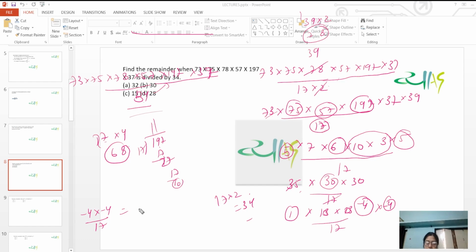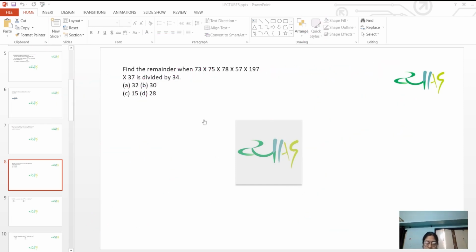That is basically you are getting 16 as remainder, because minus minus will get cancelled. So you got 16 as remainder, but you have to multiply this by 2 because you eliminated this. So you got 32 as remainder. This is how you do this.